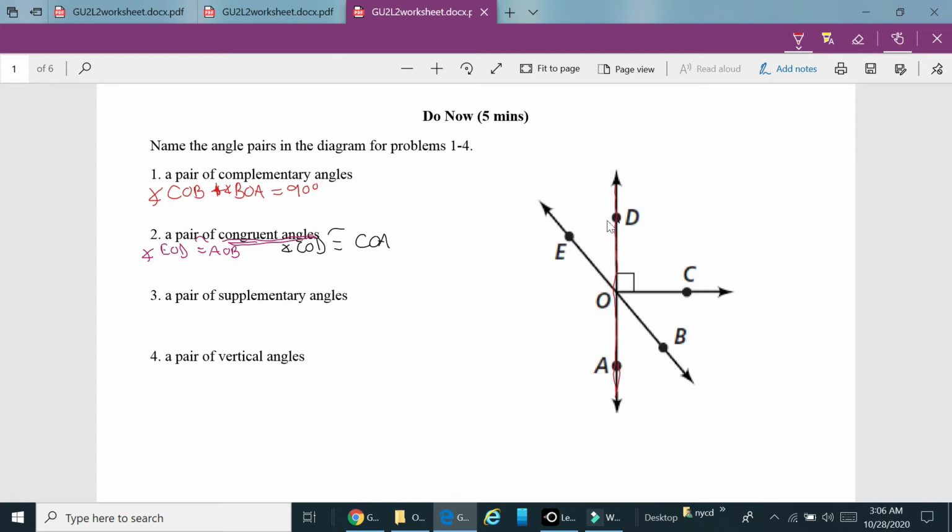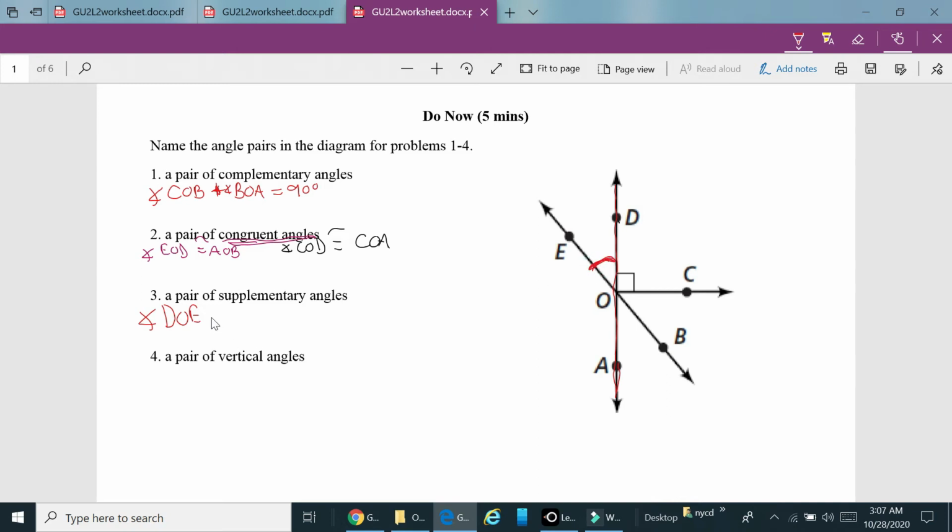Now you have to ask yourself what angle to make that straight line. Okay. I could go this way. I could go this way. So I'm going to go to my left. So what I see here is DOE. So angle DOE, which is here.